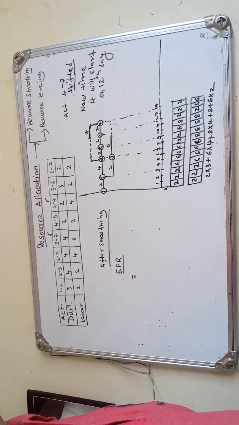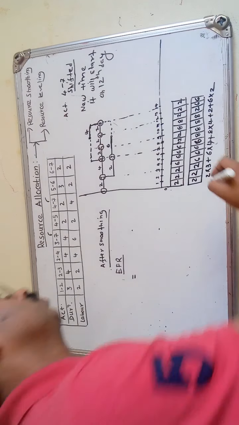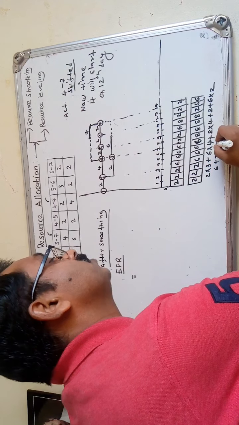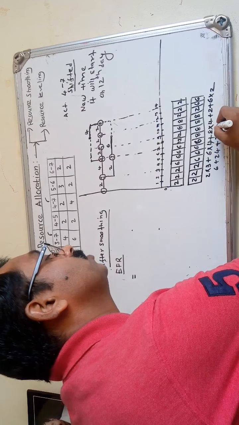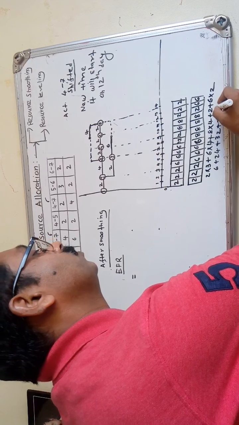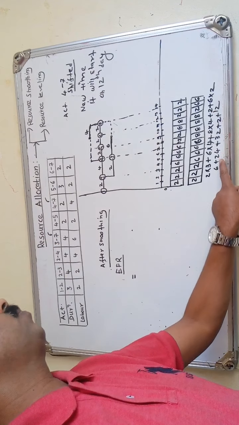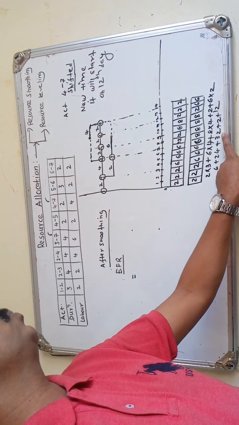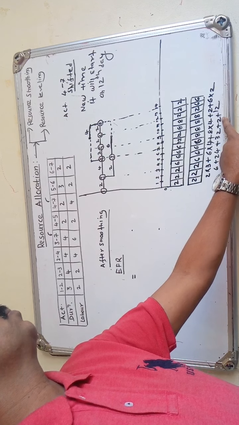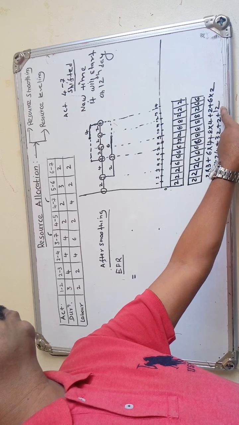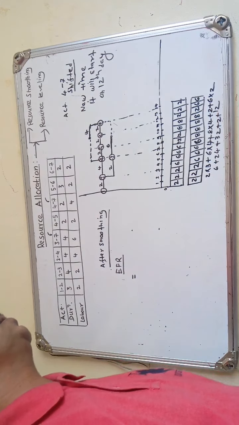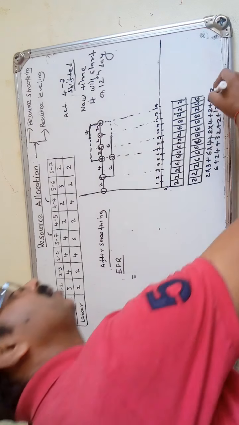So 6 plus 24 plus 32 plus 2 plus 12. 24 plus 6 is 30, 30 plus 32 is 62, 62 plus 2 is 64, plus 12 is 76. As earlier we got 76, it never changes.